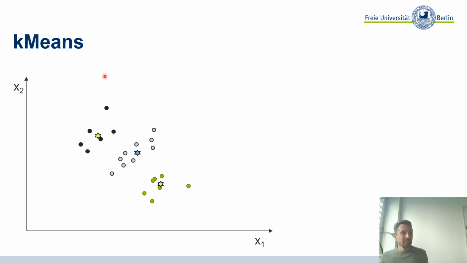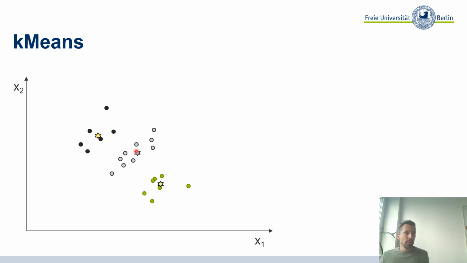So meet k-means, an algorithm whose name already tells you what the model looks like. We have k-many means, so arithmetic means, averages of our clusters.